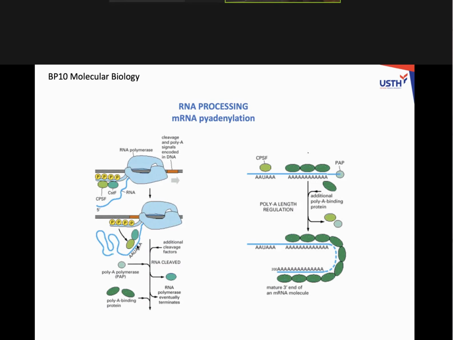They interact with this sequence, and the consequence of this interaction is extremely simple. It's double. It cuts the RNA, it stops, and then it recruits another protein which is poly-A polymerase, PAP, an enzyme that is going to add AAA at the end.